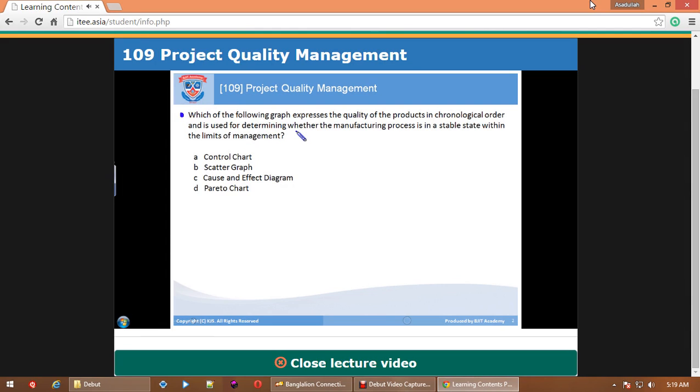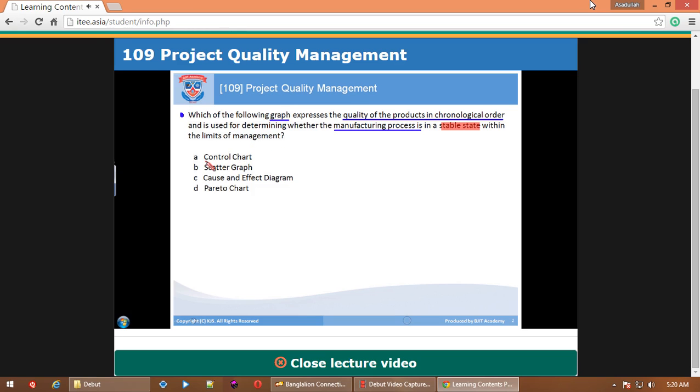So the question asks, which of the following graphs expresses the quality of products in chronological order and is used for determining whether the manufacturing process is in a stable state within the limits of control of management.